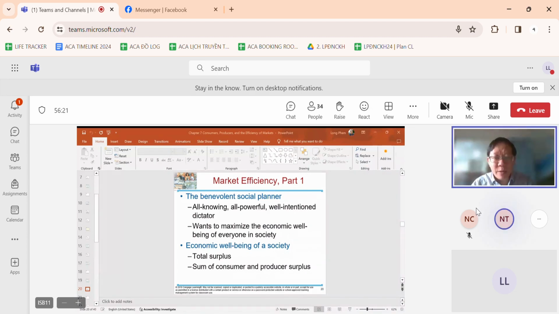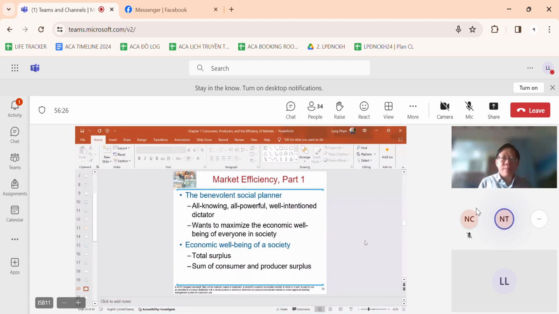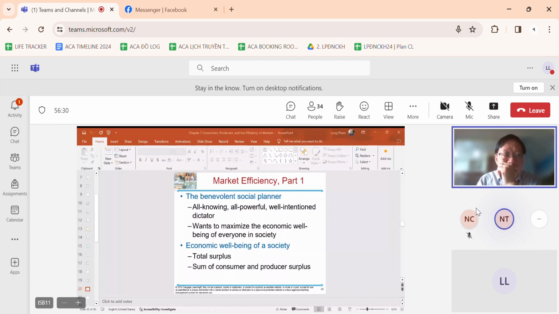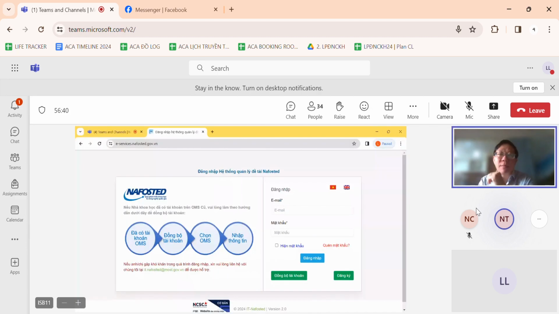Yes, I hear you well. Okay, so in this part, the market efficiency, we will discuss the efficiency of markets. A market is efficient if it allocates resources in a way that maximizes total economic well-being.